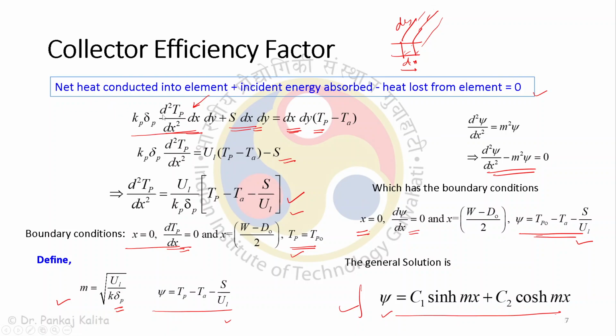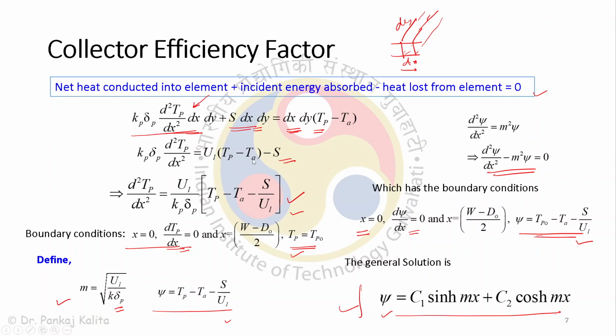So net heat conducted into the element. This is basically a time-bound phenomenon, with variation along this length also. So it can be written as this, then this, and this is minus. So this goes here, ds dy, TP minus TA. Then this can go like this.